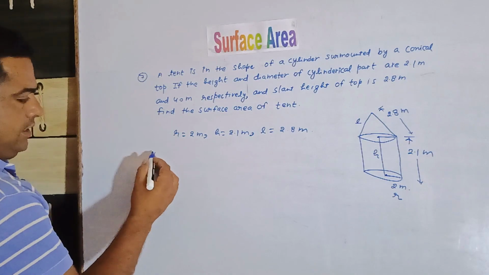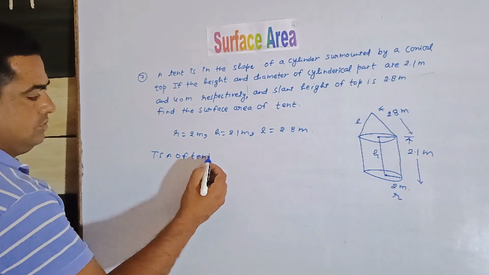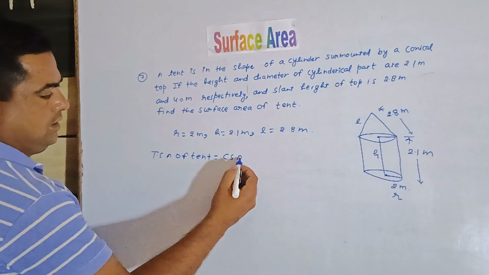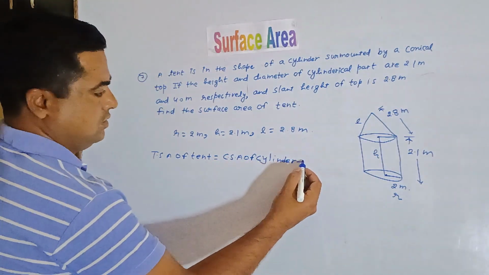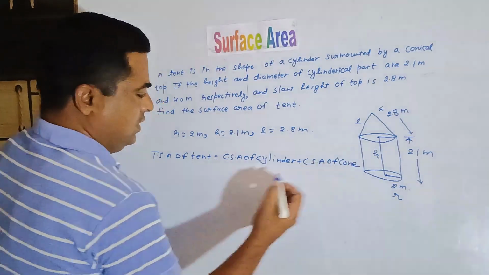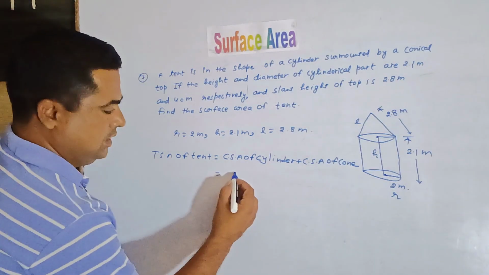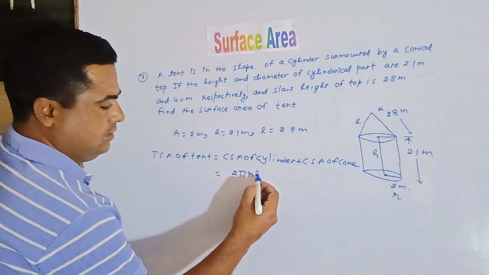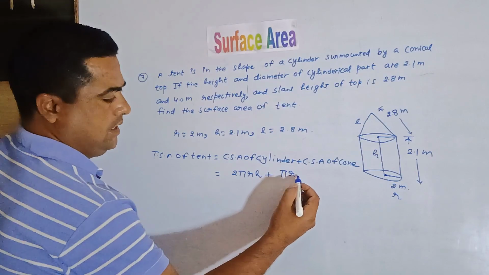Now the total surface area of the tent equals the curved surface area of cylinder plus the curved surface area of cone. Now students, what is the curved surface area of a cylinder? You know the formula, 2 pi r h, plus the curved surface area of cone, this is pi r l.